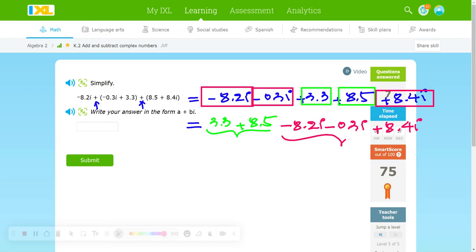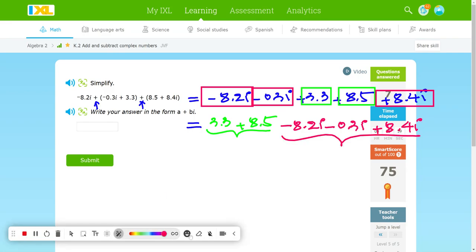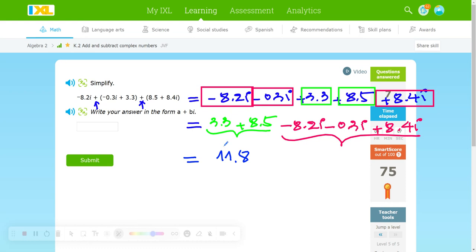Now you combine these together. Not a big deal. Add the numbers together, it is 11.8. Subtract 8.2 with subtract 0.3 becomes subtract 8.5.